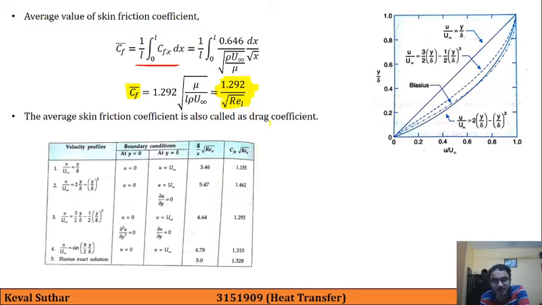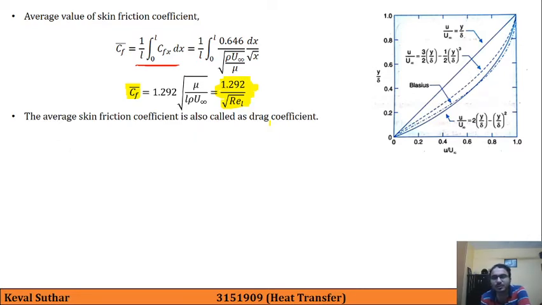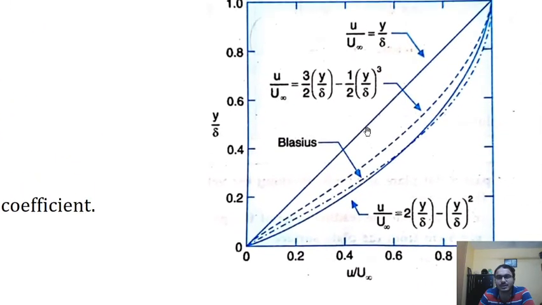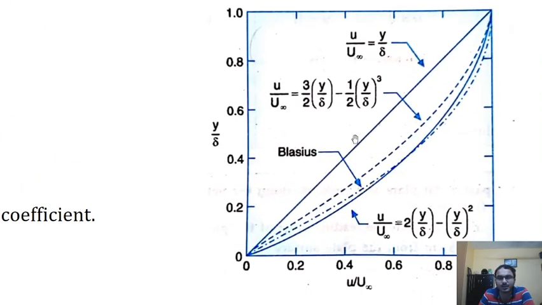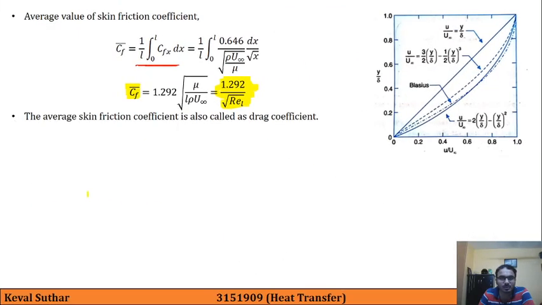And this is the figure for the relation between y upon delta and u upon u infinity. So it gives the comparison between various kinds of solutions. Let me show you that currently we have this formulation, the von Karman integral result. This is purely a linear profile, linear relationship.